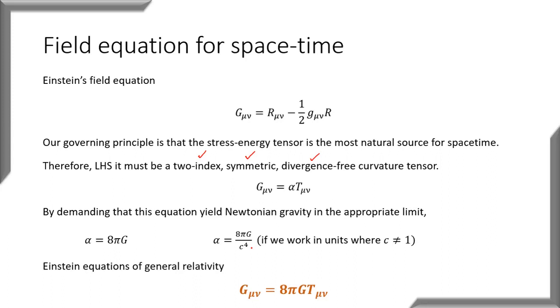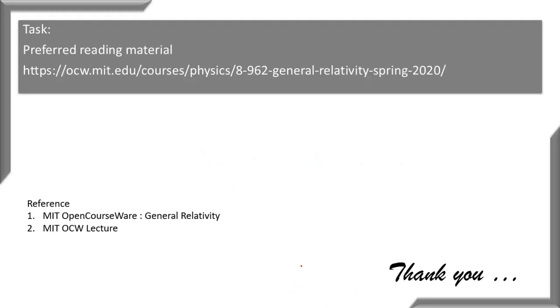And this gives us the important Einstein equation for general relativity, that is G mu nu is equal to 8 pi G into T mu nu. Here T mu nu is the stress energy tensor, G mu nu is the Einstein tensor, and G is the gravitational constant. And this brings us to the end of the chapter Tensor Analysis.